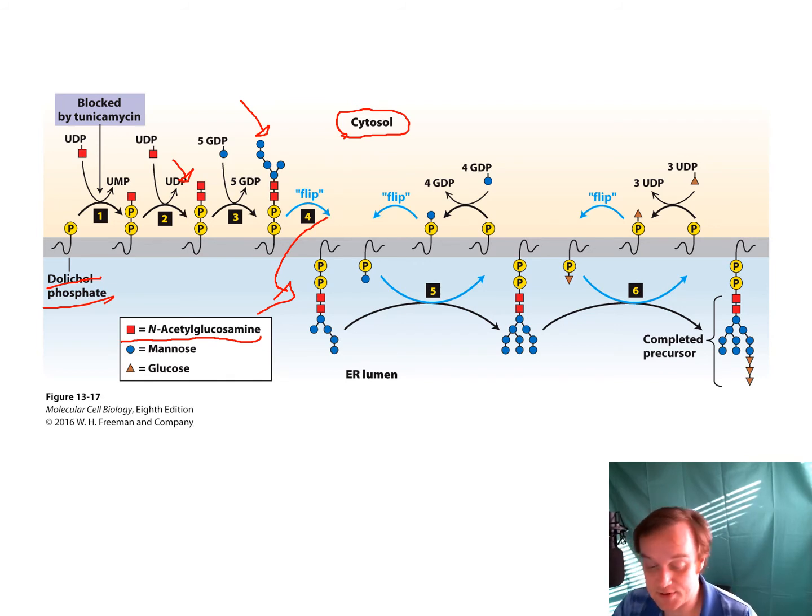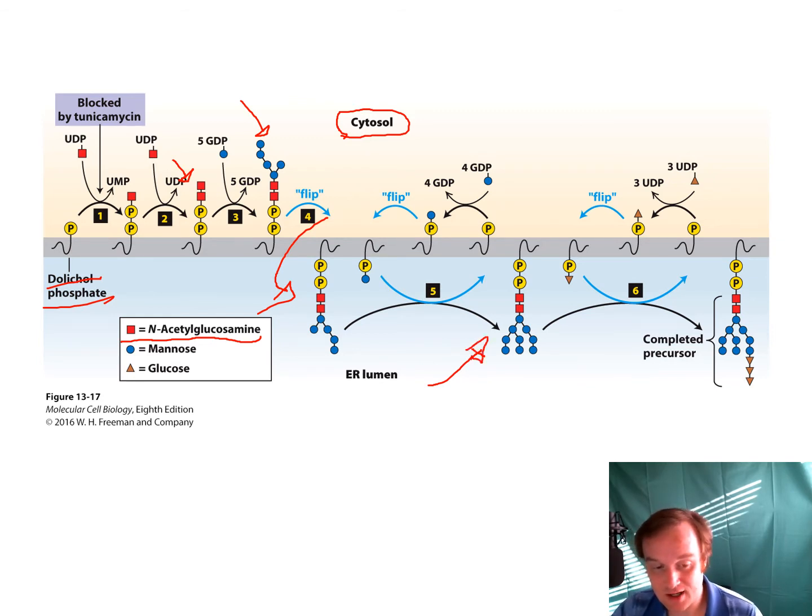Then in steps 5 and 6, we have additions of sugar by enzymes that are only present in the ER lumen. Sugar is transferred from a nucleotide precursor to the carrier dolichol phosphate. As you can see here, we're adding more and more of these mannose sugars to the chain.